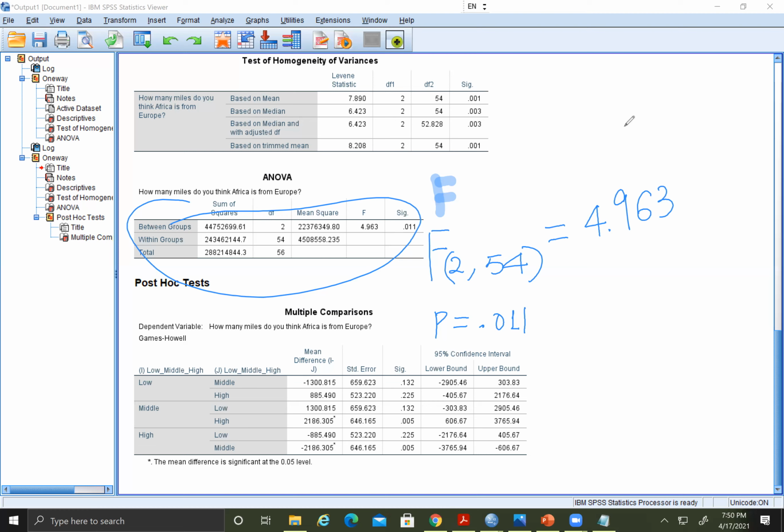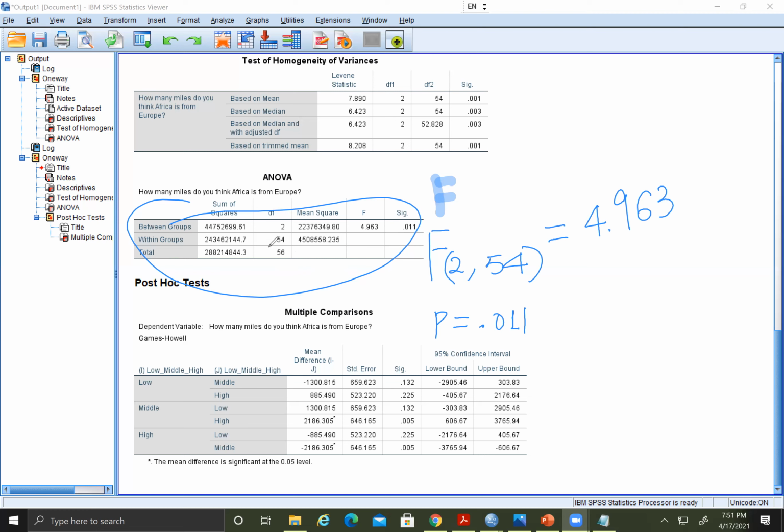So this is about the testing, and as some of you see in our textbook, we also have the effect size. For calculating effect size, you can manually calculate. This software doesn't provide it, but by using the table you can calculate the effect size.